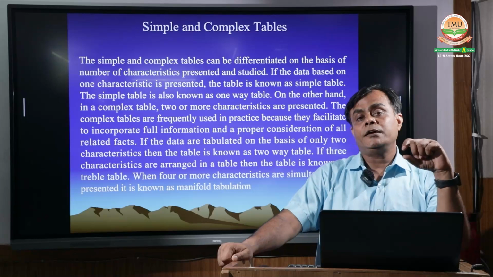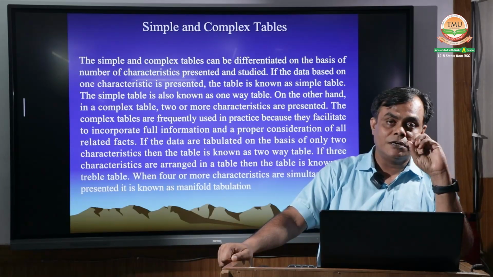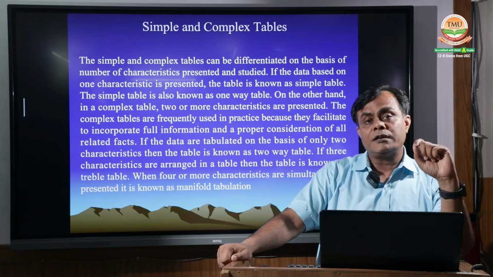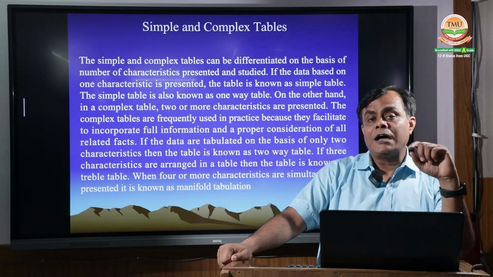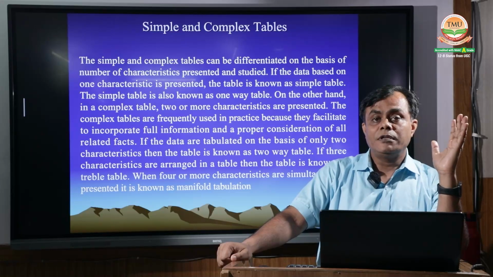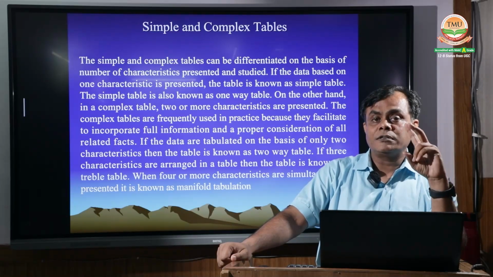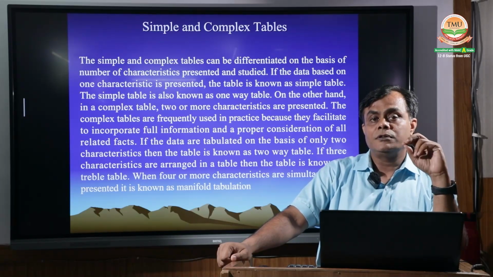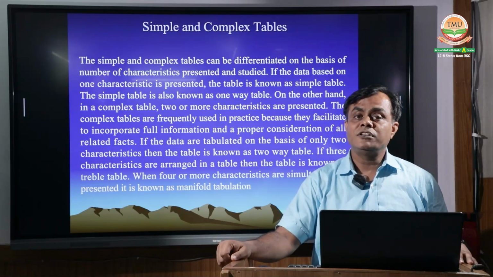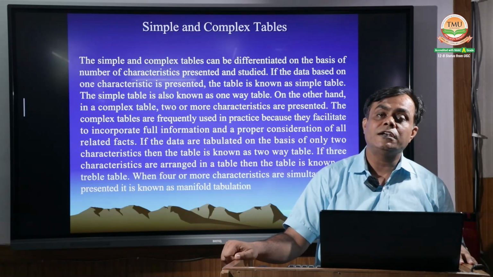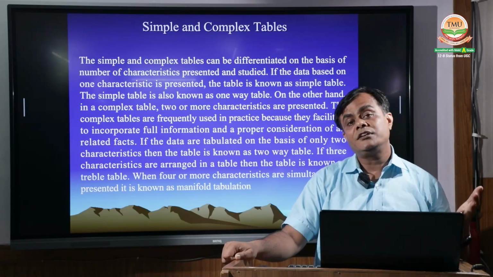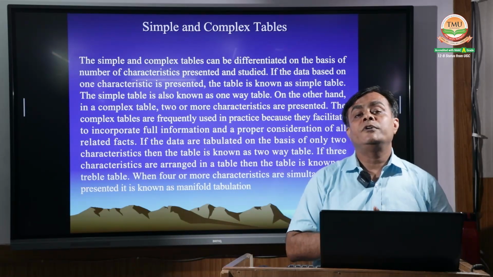So in a simple table there is one characteristic in the data, and that type of table is also called a one-way table. If there are two characteristics in one table, that is called a two-way table. If there are three characteristics, that is called a three-way table, and if the data have more than three characteristics, that is called manifold data.